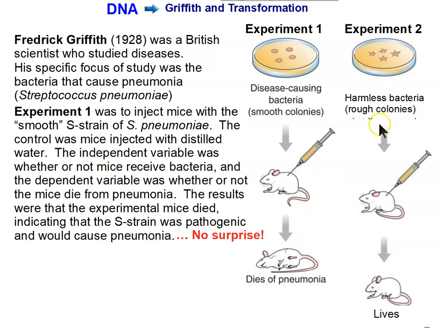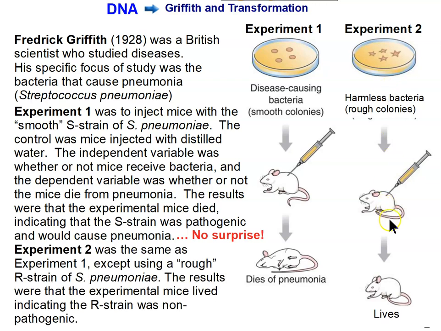In experiment 2, he injected the R bacteria, the R strain of the Streptococcus pneumoniae, into the mice, and they lived. That was interesting, but it's not a huge surprise, knowing that the bacteria is harmless. So far, there are really no surprises here.